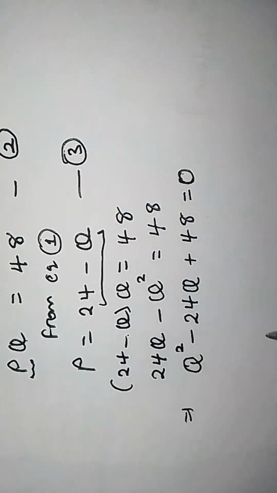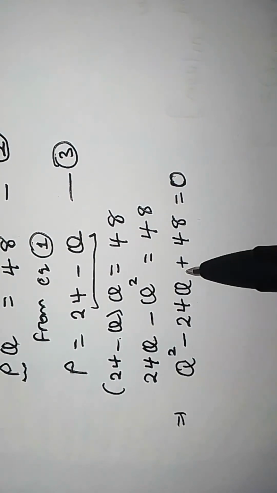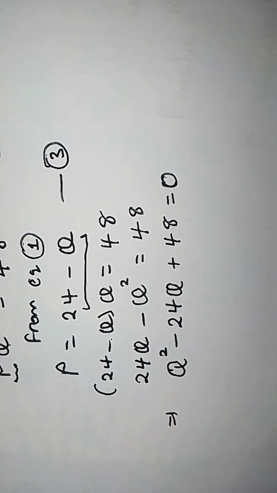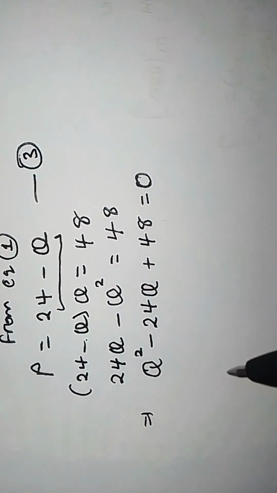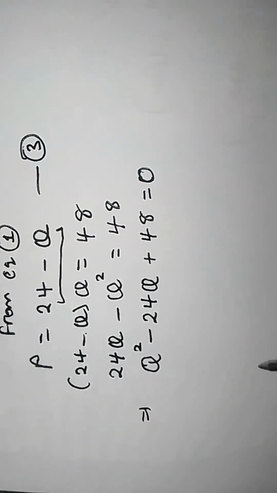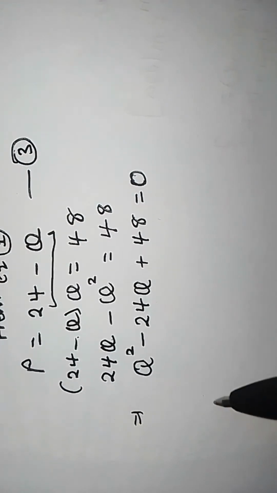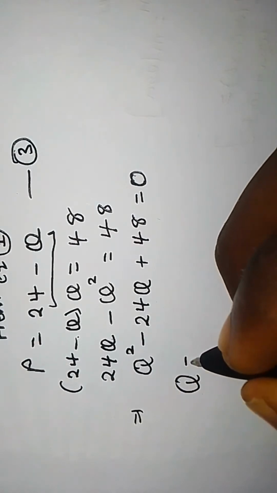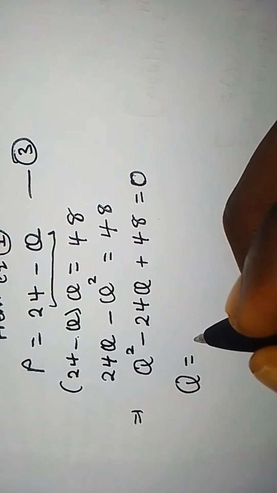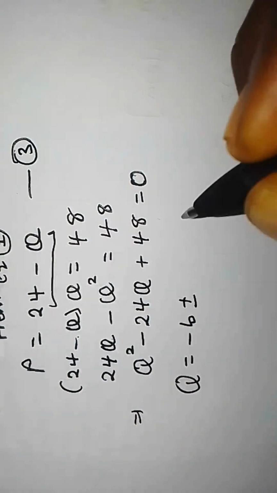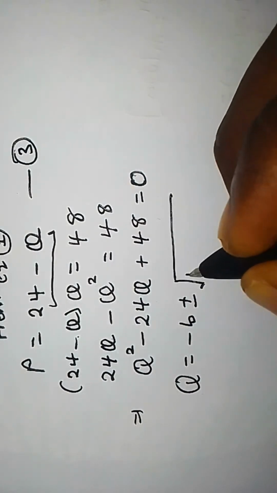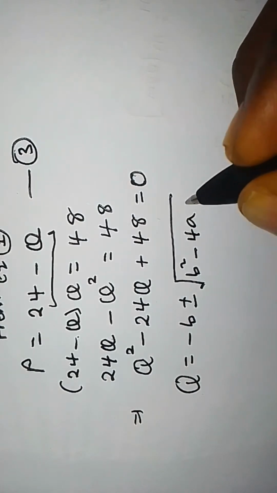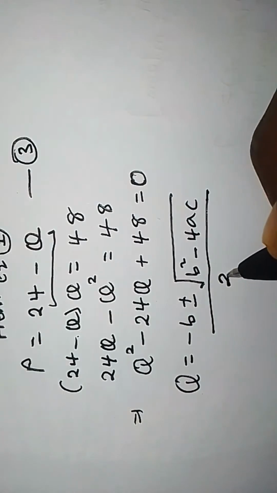Now, let us solve for Q in this quadratic equation by using the algebraic formula, which is Q equal to minus B plus or minus square root of B square minus 4AC, divided by 2A.